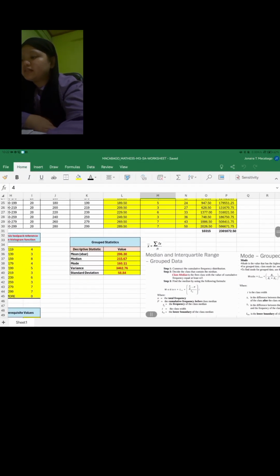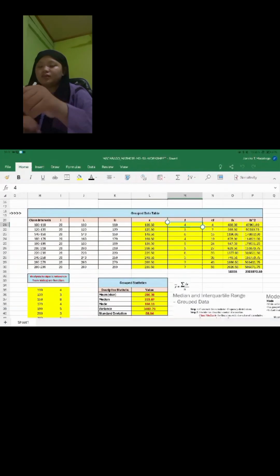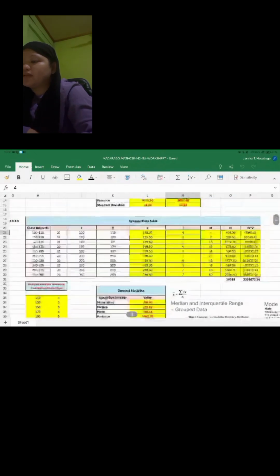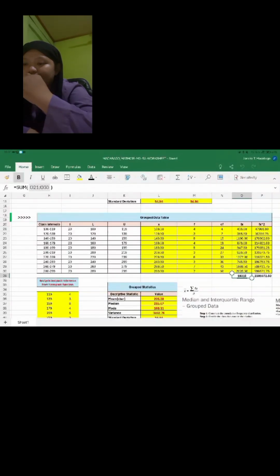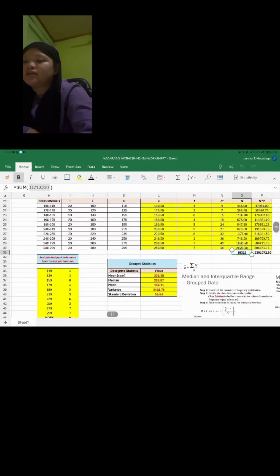And now the grouped statistics, the mean or x bar. How did we get the grouped statistics? We have the mean of 206.30 using the fx grand total, and then you divide it by the grand total of the frequency. 10,315 divided by 50, you get 206.30.